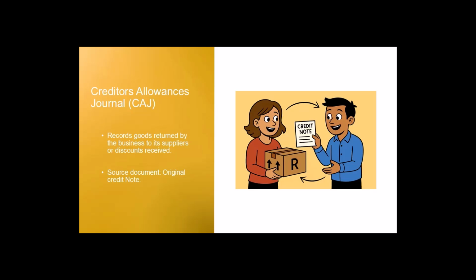Typical reasons for entries in the creditors allowances journal include goods damaged when they arrived, wrong items delivered, expired or incorrect stock, or allowances for packaging or delivery errors. These transactions will reduce the inventory that we own as well as the amount we owe to our suppliers.